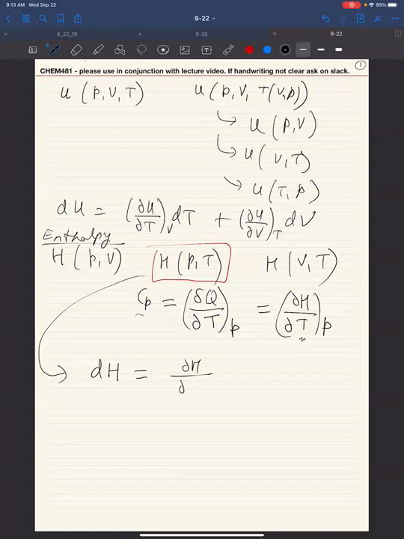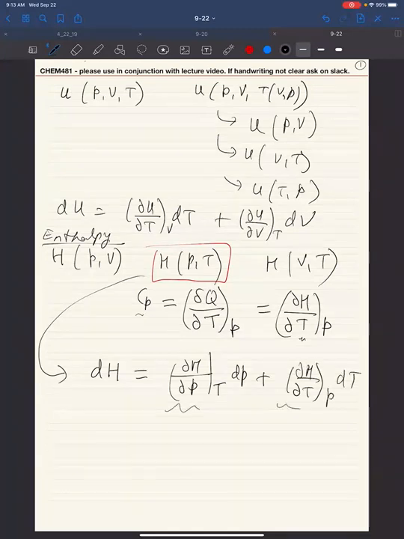P at constant T multiplied by dP. Correct. And the other one will be partial H by partial T at constant P multiplied by dT. Which of these have we seen before? The second one, what is it? Cp is just written above, right? We just saw this. Cp is partial H by partial T.